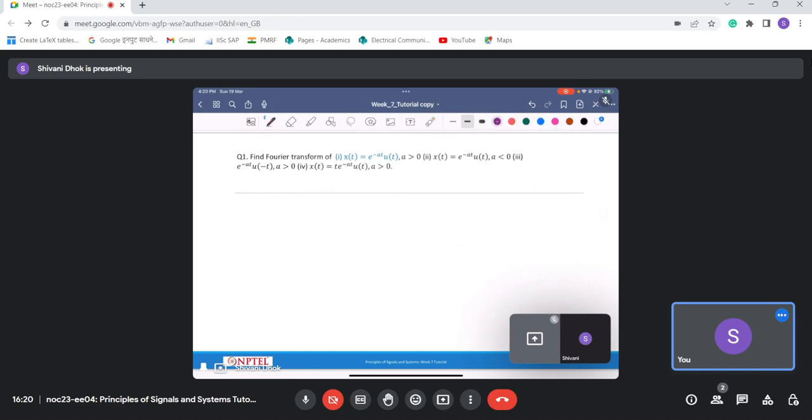And we have been given that a is greater than 0. So if this a is greater than 0, then the Fourier transform exists.